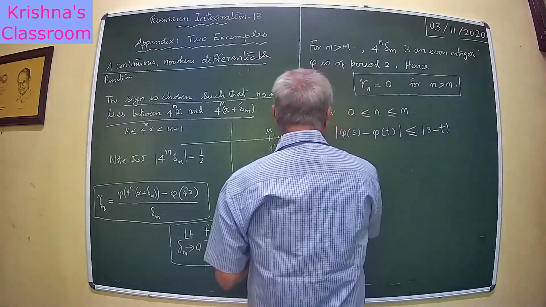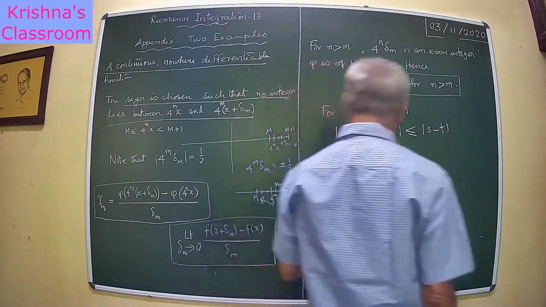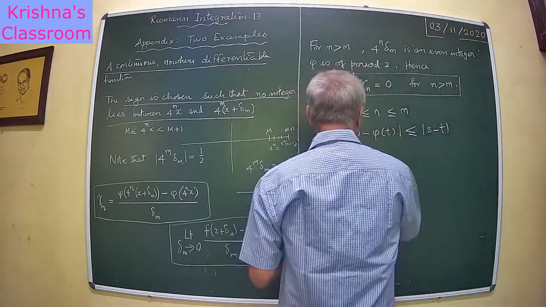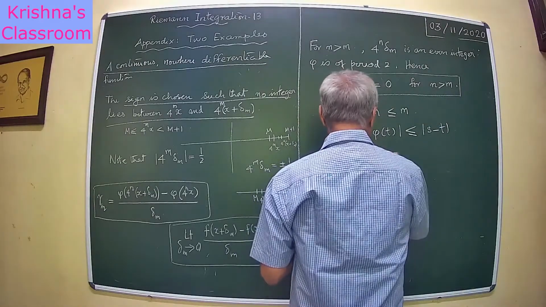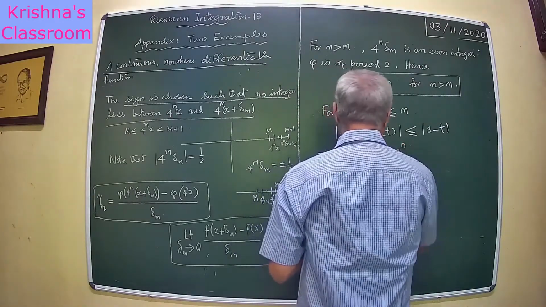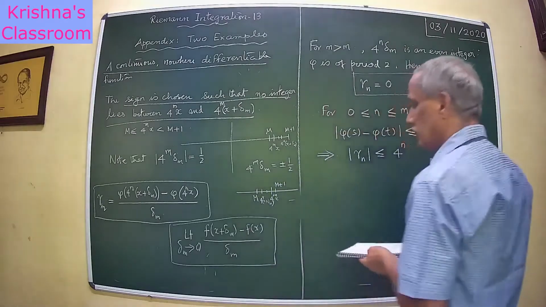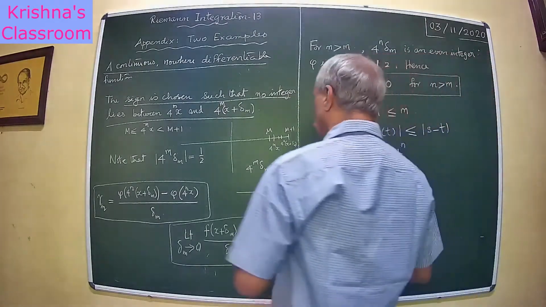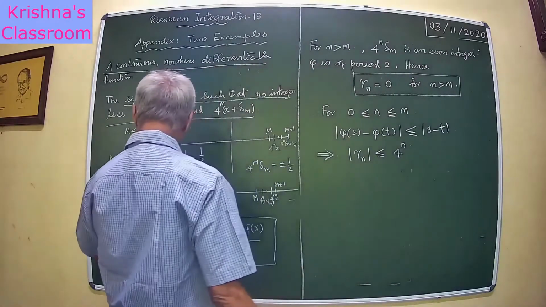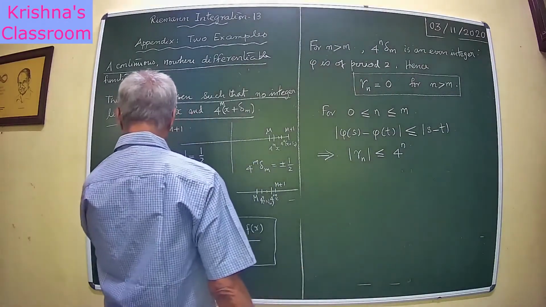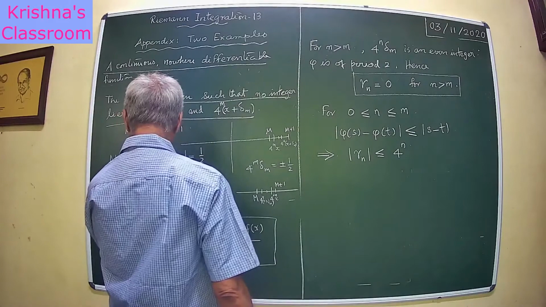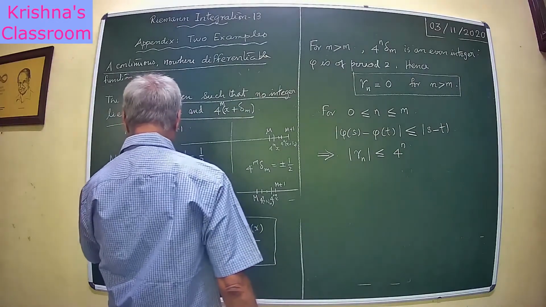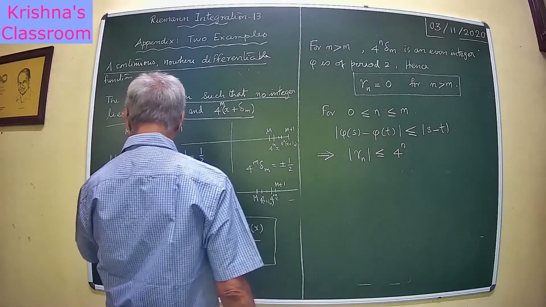And this implies mod gamma n is less than or equal to 4. Why is it so? See, phi s minus phi t, so you calculate this mod gamma n. Gamma n will be the modulus of this. Okay, and you have n less than or equal to m.